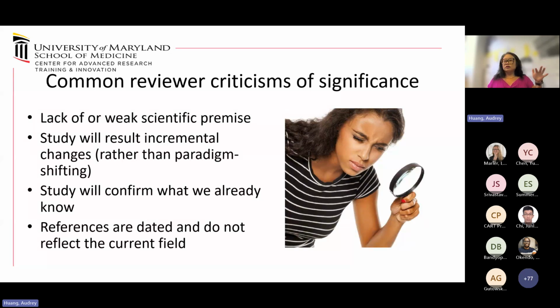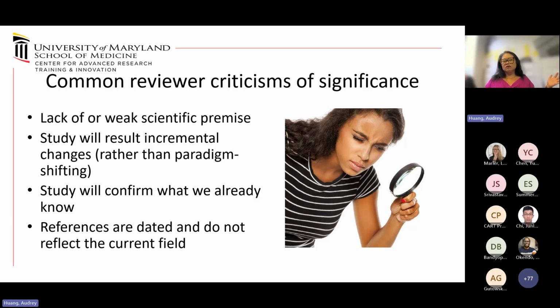So common reviewer criticisms of the significance section: lack of or weak scientific premise. You haven't done a good job explaining your research in the context of what we understand in the field at large. The study will result in incremental changes rather than paradigm shifting changes.